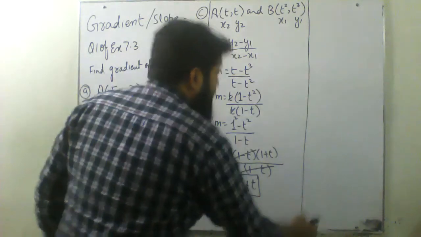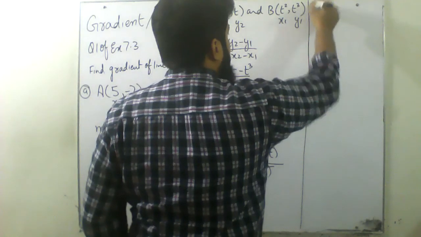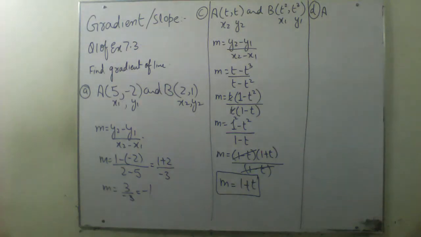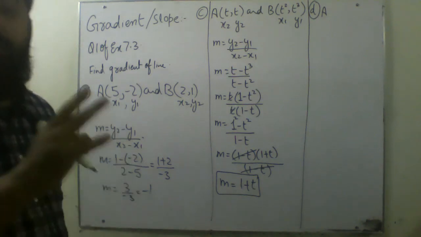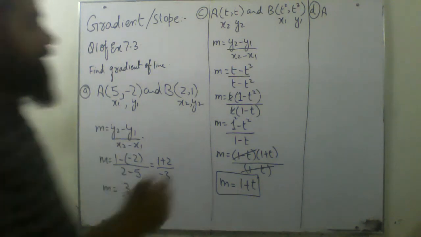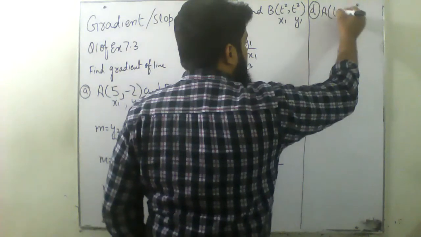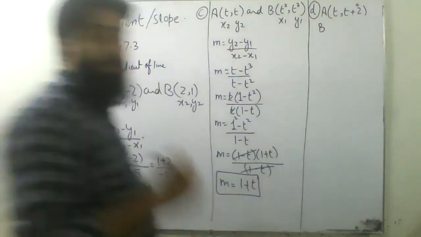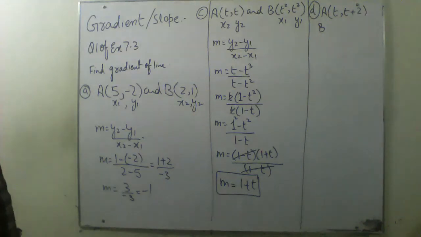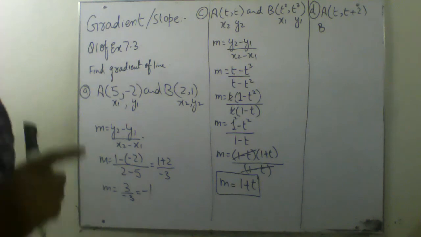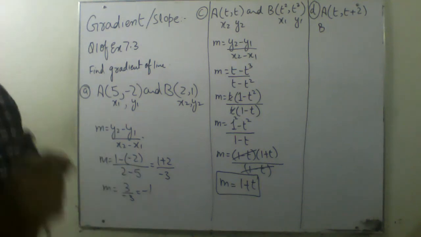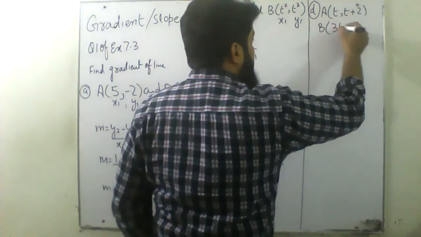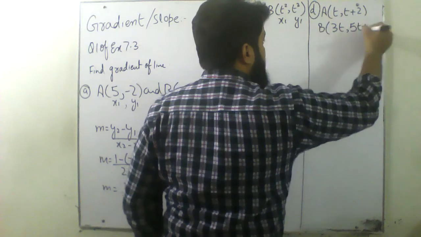Now, D part of question number 1, again, they are giving us 2 points and they are telling us that we have to find the gradient of the line. The first one is given to me as A (t, t plus 2) and the other point is B, whose coordinates are given as (3t, 5t plus 2).